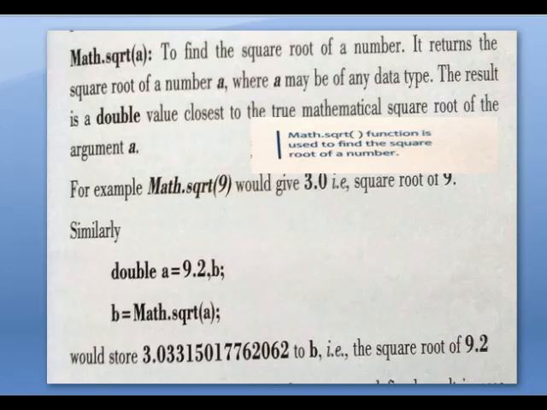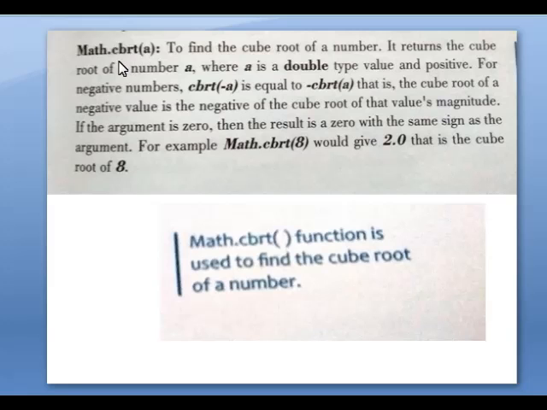So the next is Math.cbrt, the cube root. Cube root means three times. To find the cube root of a number, it returns the cube root of a number a. For negative numbers, cbrt of minus a is equal to minus cbrt of a. Okay, it will take the negative value.